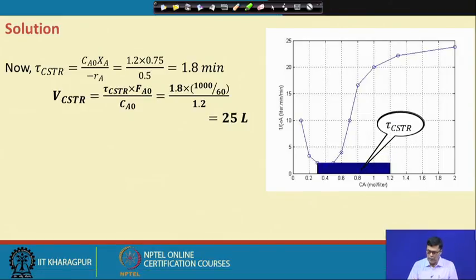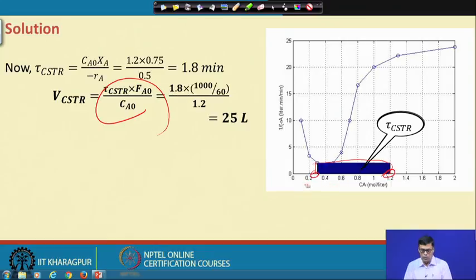You can also solve this graphically, since you have already drawn this plot. This is 1.2 on the graph, and this is 0.3, and this is a simple rectangle. Am I right? Length into breadth; if you multiply it, you will get the answer. You don't have to do the numerical analysis. Through the graphical method also you can find the time required.